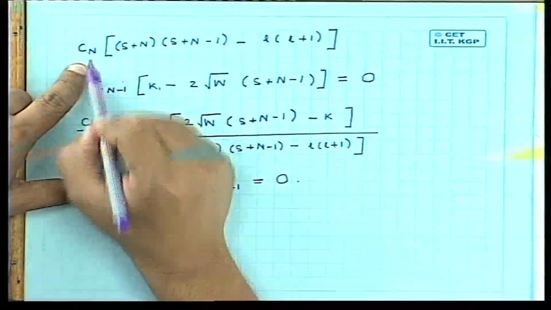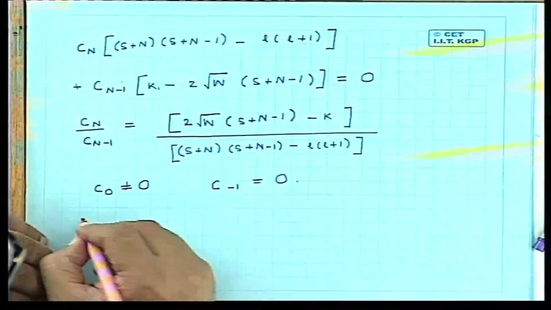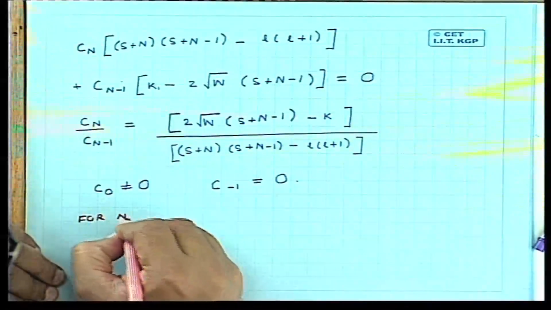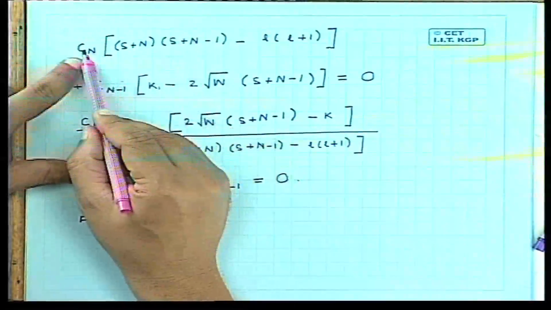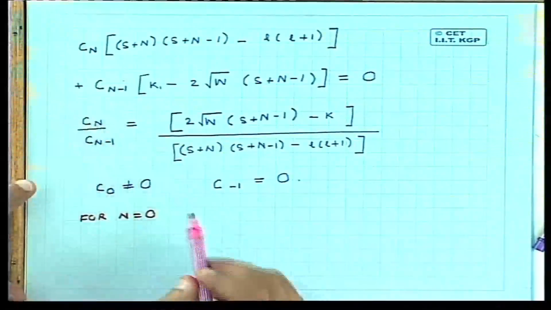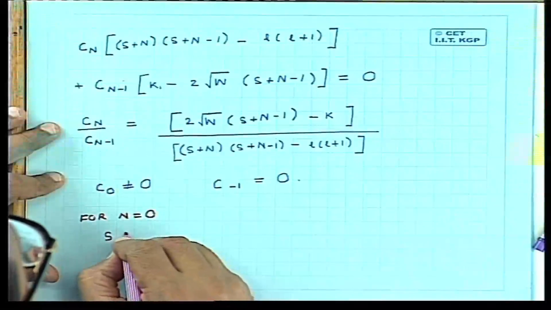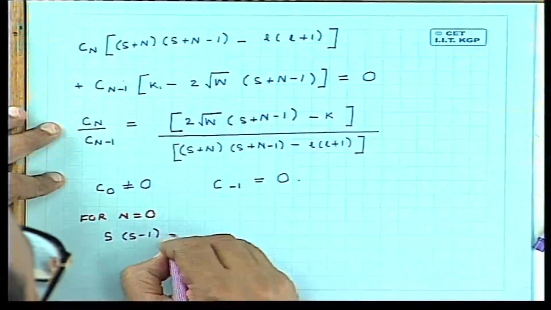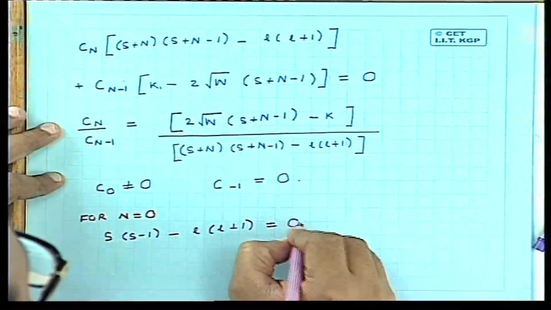So if C minus 1 has to be 0, it basically tells us that when n is equal to 0, this term over here has to be 0. This term is going to be C0. If this term is 0, then C minus 1 is going to be 0. So for n equal to 0, we should have the condition that S into S minus 1 minus L into L plus 1, this whole thing is going to be equal to 0.